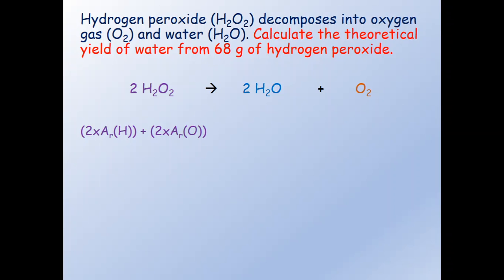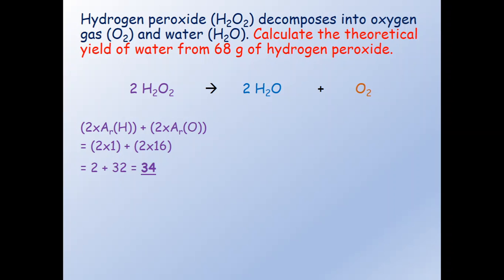The relative atomic masses are displayed in the periodic table, so we can just look them up, and we get 2 times 1 for hydrogen plus 2 times 16 for the oxygen, and this gives us 2 plus 32, which gives us a relative formula mass for hydrogen peroxide of 34.